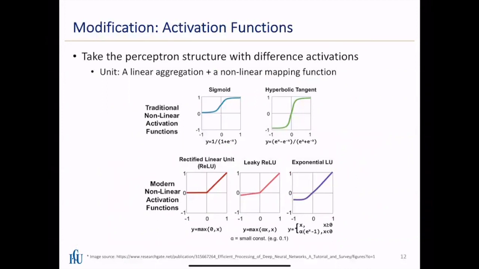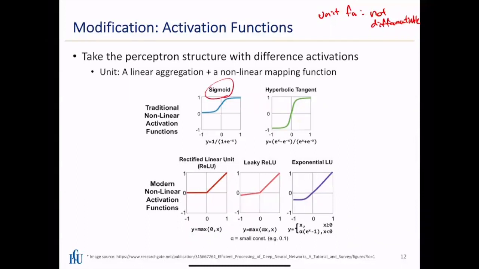But the unit function has a limitation. It is not differentiable at the threshold. In order to avoid this difficulty, a different set of activation functions has been introduced and used.